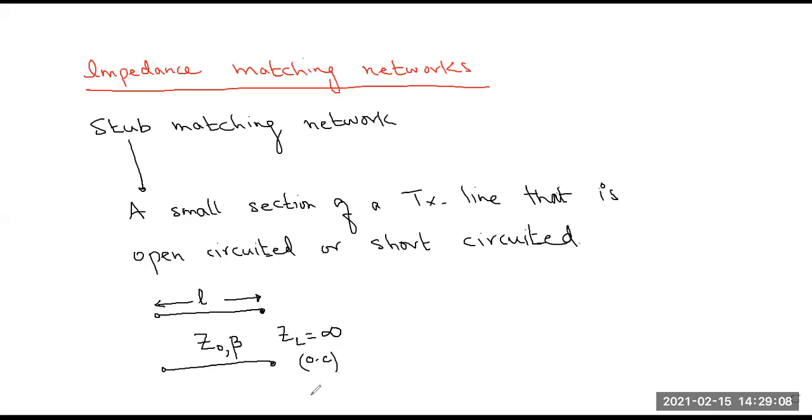From our transmission line theory, if you measure the impedance between the input terminals of this open circuited line, the input impedance, which we have already proved, will be equal to minus j Z0 cotangent beta l.